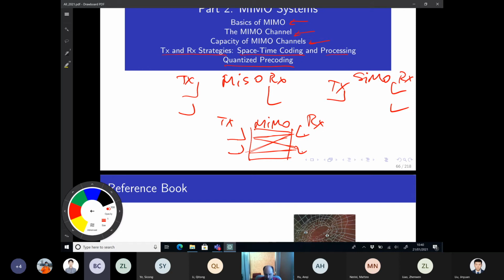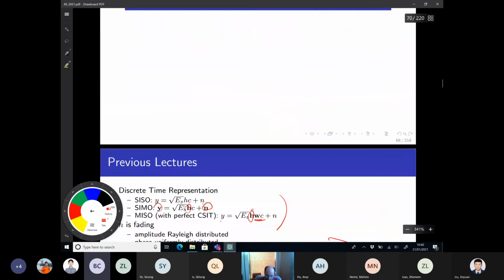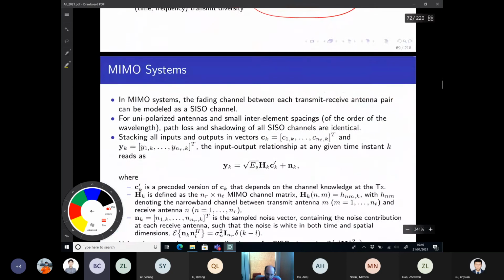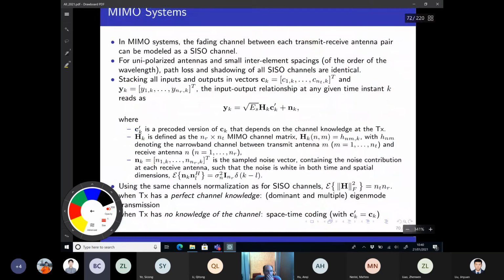You have a SISO link between transmit antenna 1 and receive antenna 1, transmit antenna 1 and receive antenna 2, transmit antenna 2 and receive antenna 1, and so on. So you have 4 SISO links, and you need to model all 4 of them. So if you have NT transmit antennas and NR receive antennas, you're going to have NT by NR channel coefficients.